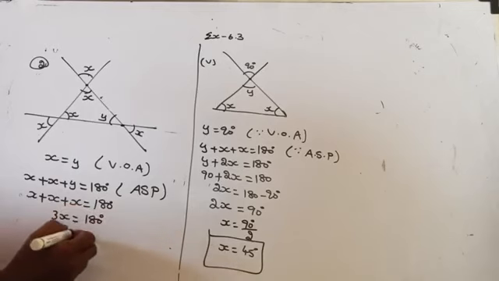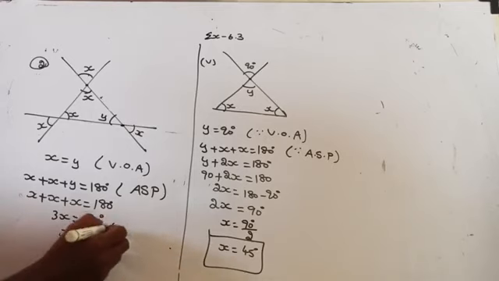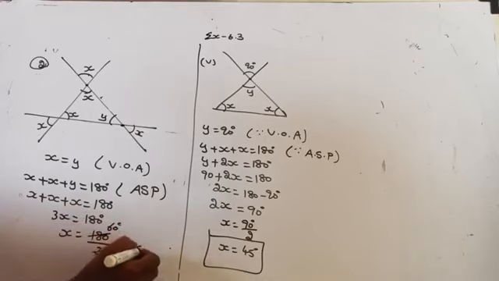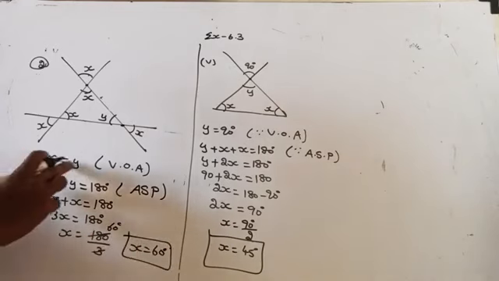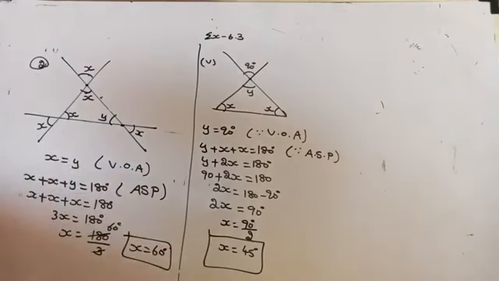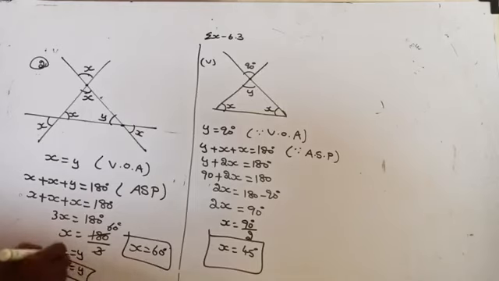Then x value is nothing but 180 by 3, which is equal to 60 degree. So we know that x and y are equal. Therefore x is 60 degree, and y is also 60 degree. Am I right here? Right?